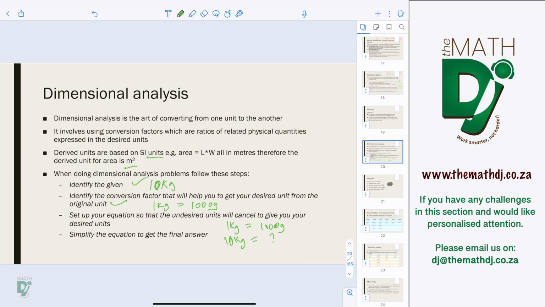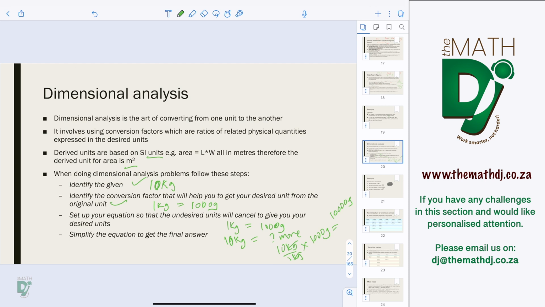Since with 10 kg you get more grams, the 10 goes on top: 10 kgs divided by 1 kg times 1000 grams. The kgs cancel each other, so we say 10 times 1000, and we get 10,000 grams. So basically that's how we do it.